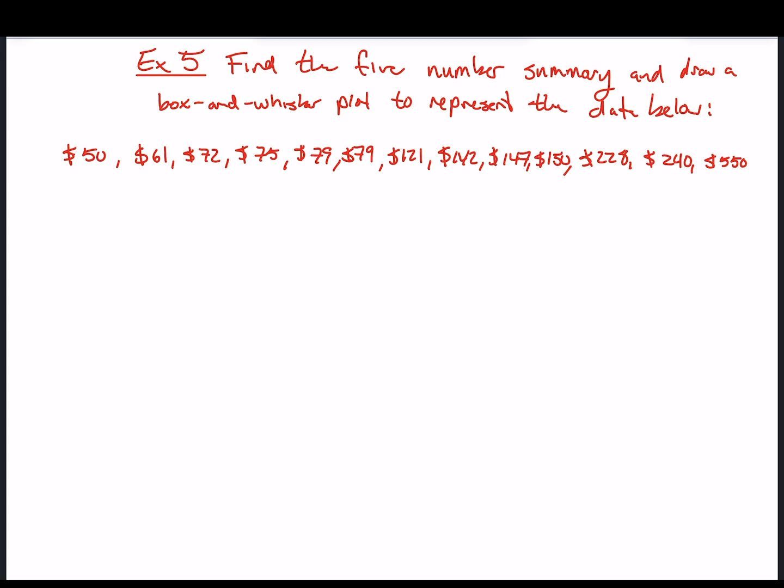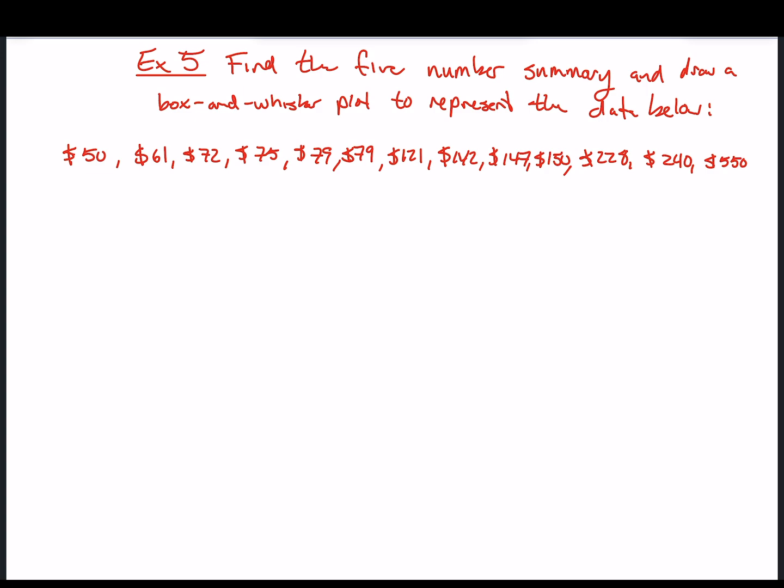Example number 5. We want to find the 5-number summary and draw a box and whisker plot to represent the data below. 50, 61, 72, 75, 79, 79, 121, 142, 147, 150, 228, 240, and 550. And these will all be represented in thousands because we're talking about home sales in this particular example. It's all money, but having the thousands there doesn't make that much difference.